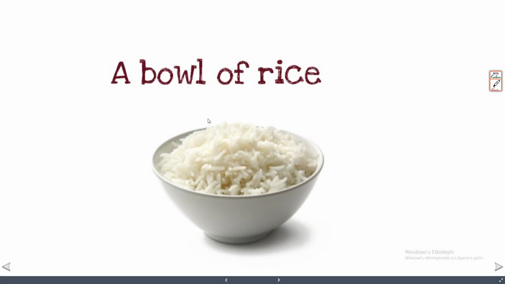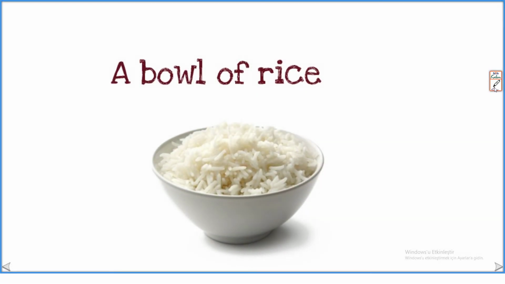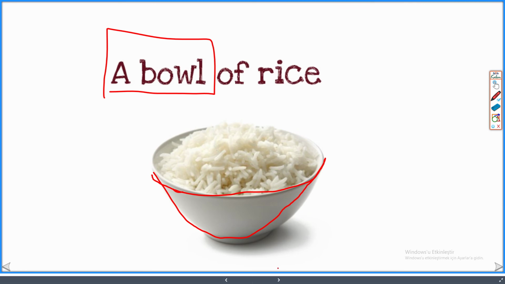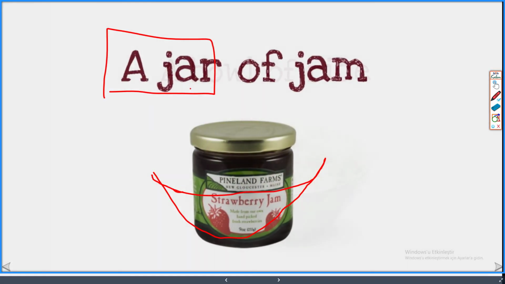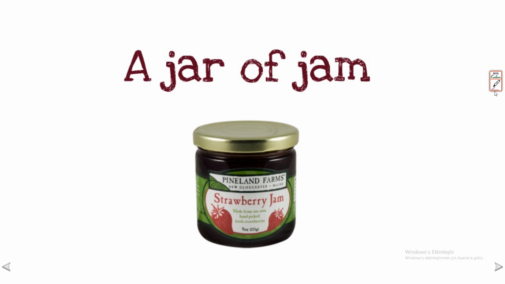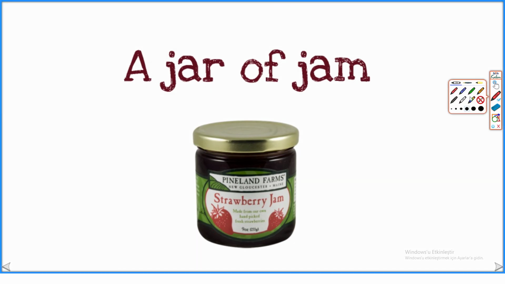And it's a bowl of rice. This is a bowl. Okay, a bowl of rice. We can see that in this picture we have a bowl of rice. Okay, and we are going on with a jar of jam.